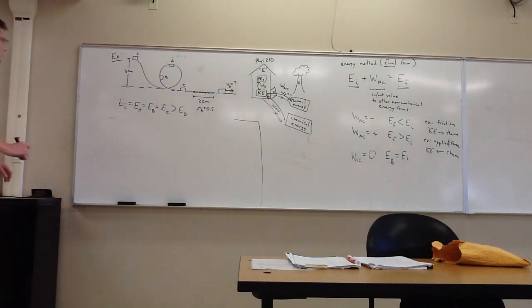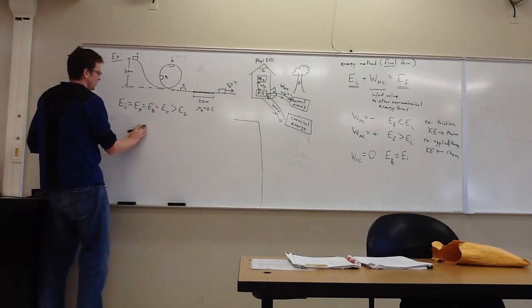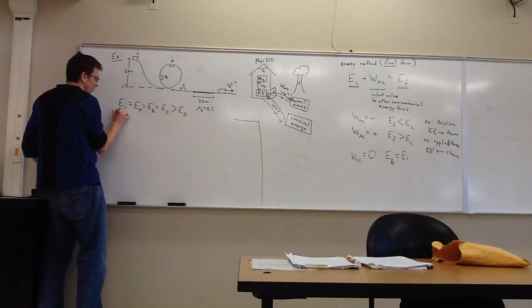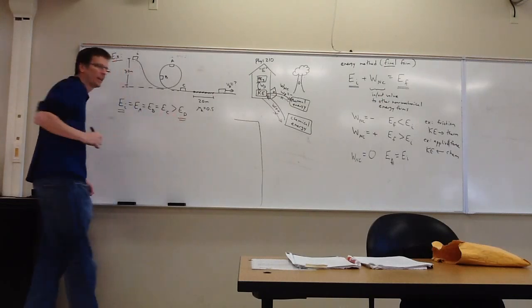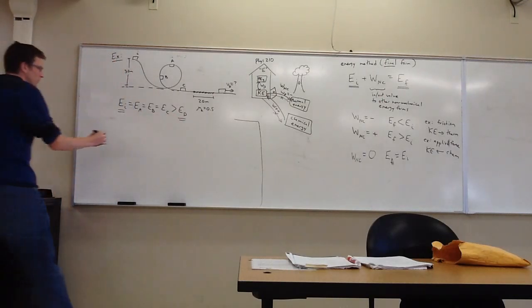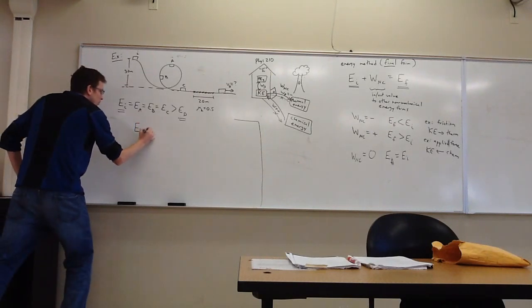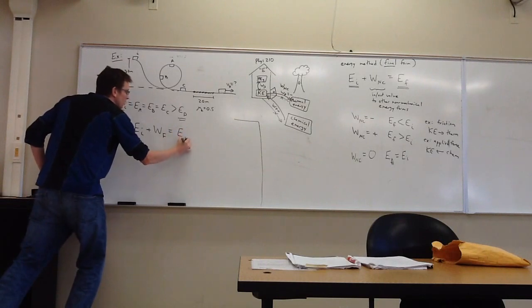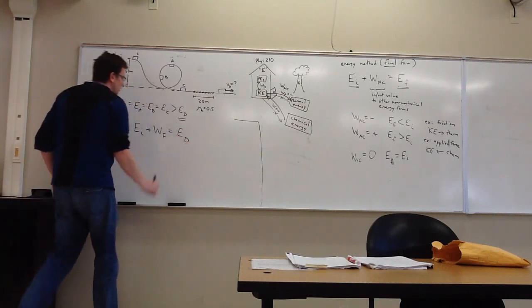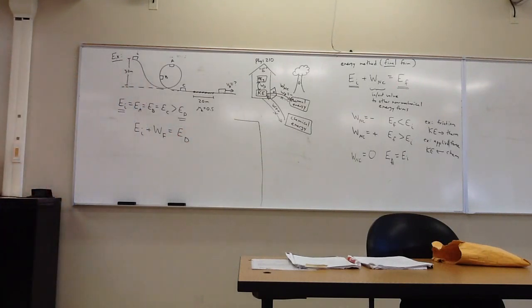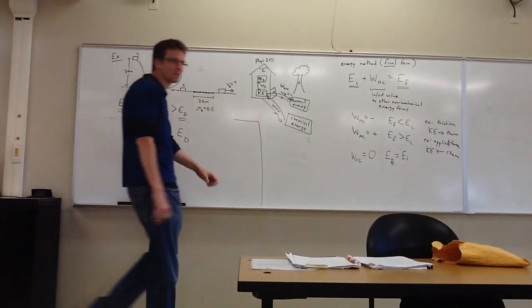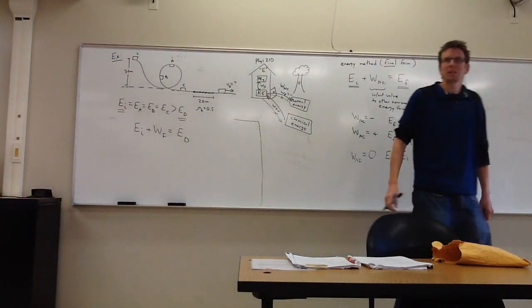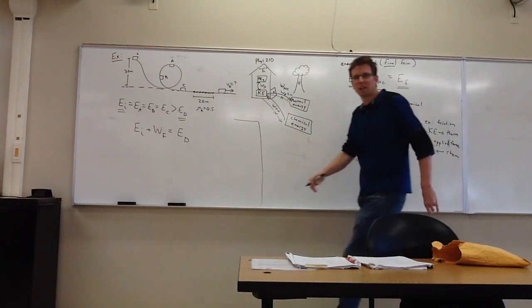So let's go ahead and do it. I'll tally up, I guess I'll start with my initial, and I'll compare it to my final. Here's what it looks like. My initial energy plus the work non-conservative, in this case friction, is going to be my final mechanical energy.